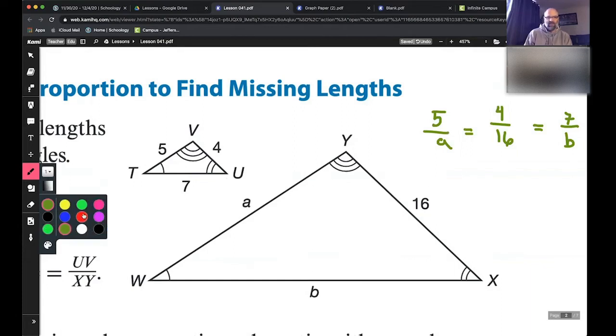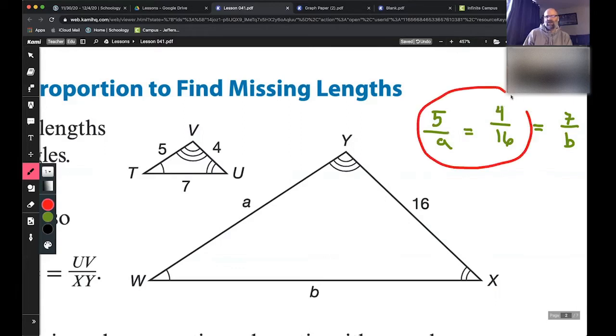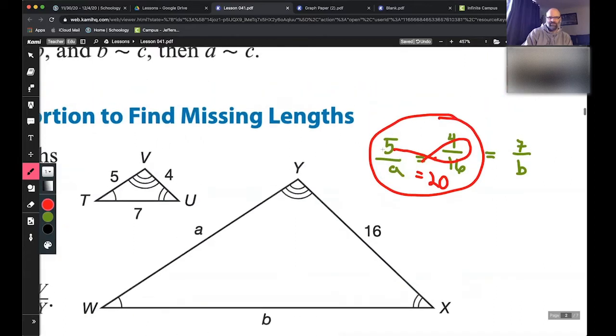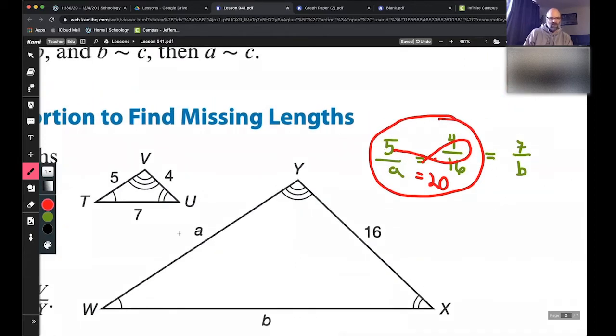Okay, so I'm going to work on this proportion here and find the missing number. If I go 5 times 16 and divide by 4, 5 times 16 is 80, divided by 4. That should be 20. That sounds right. Then I'm going to work on the B here, using this same 4 over 16.